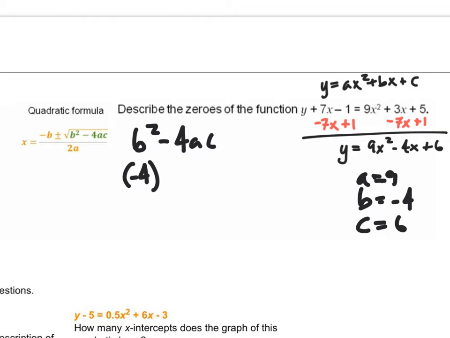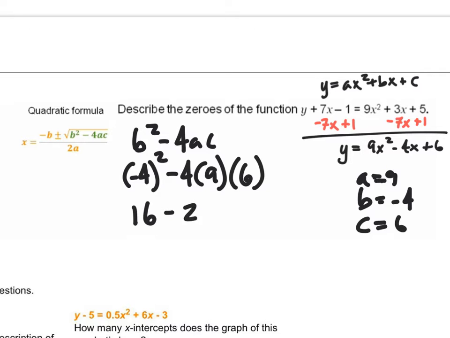So if I do negative 4 squared minus 4 times 9 times 6, this is going to give me 16 minus 216, since 4 times 9 is 36, and times 6 gives us 216. So 16 minus 216 gives me negative 200.